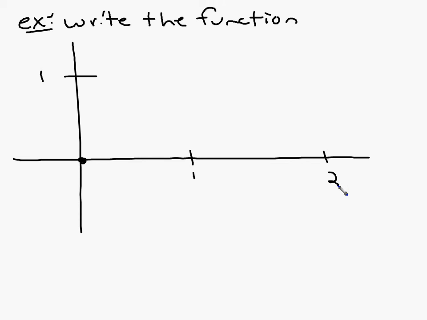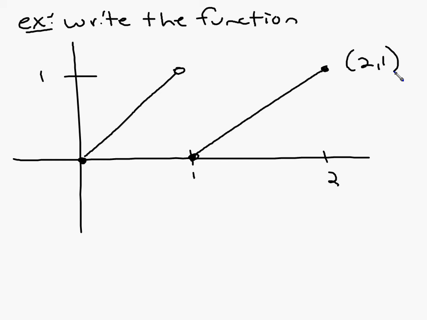That's the way Mater always liked to drive anyway, was backwards. And then this one comes up to here. You know, this point is 2, 1. This point is 1, 1, so on. So they've given you a piecewise function graphically. Now they want you to write the function.